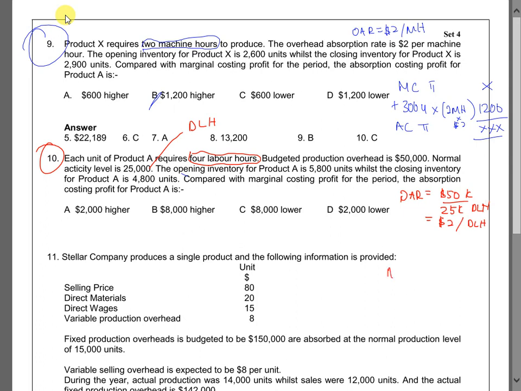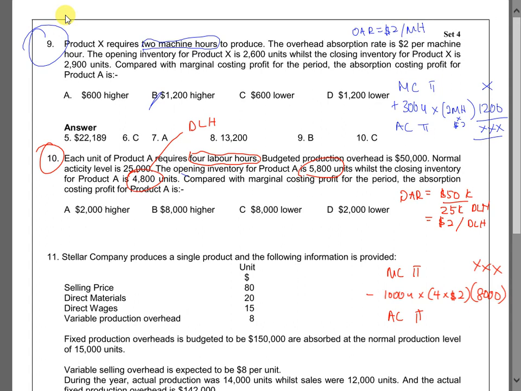MC profit, AC profit: increase or decrease? Down means minus. OAR is 4 per direct labor hour times 2, so 8,000. I put in 3x here.